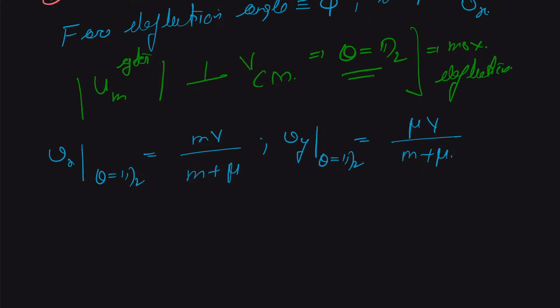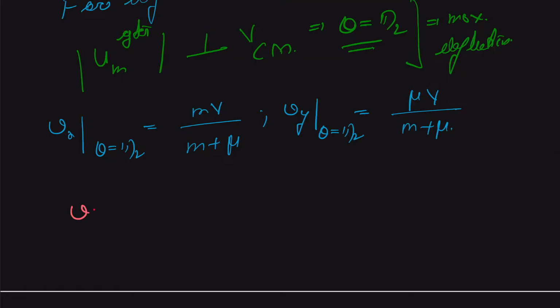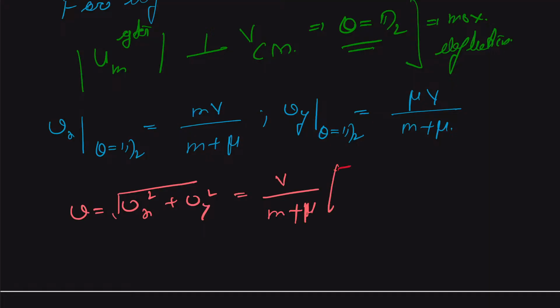And the magnitude, so we can say that v will be given by the x component and y component, so v upon m plus mu, we can take as common, and inside we are left with m square plus mu square, and its square root.